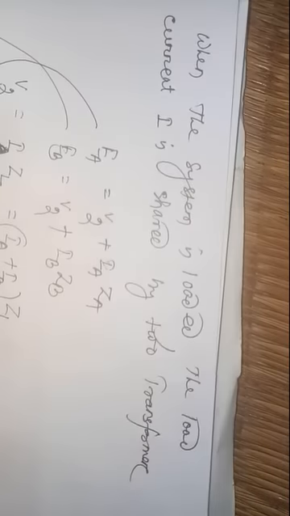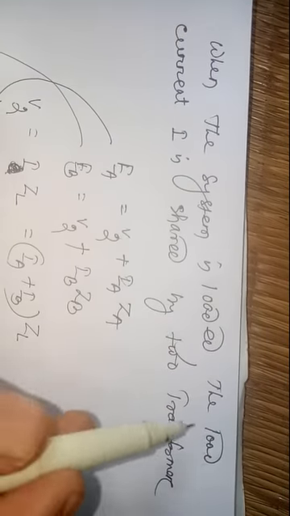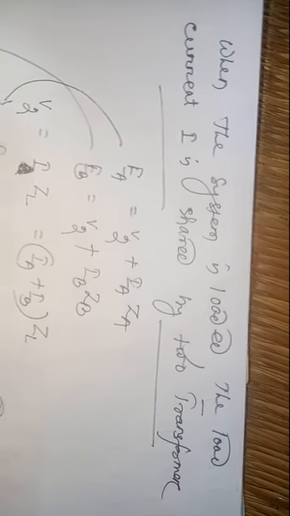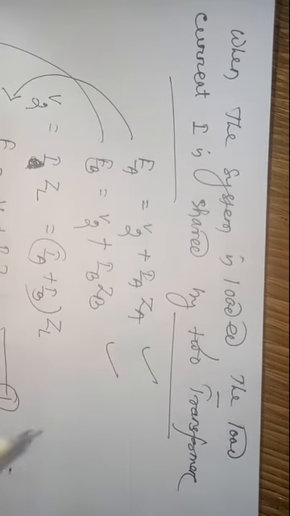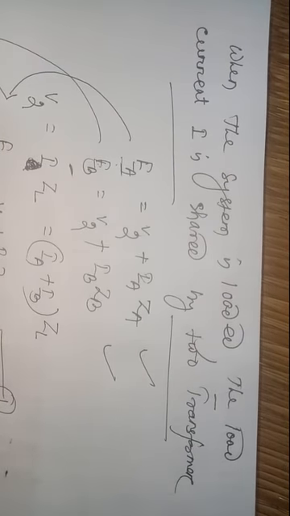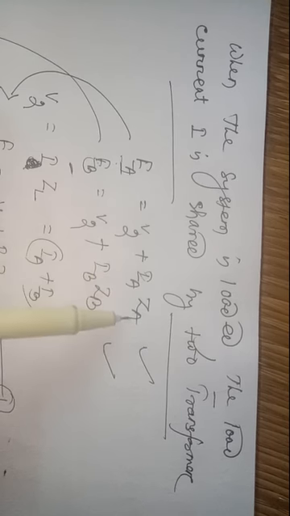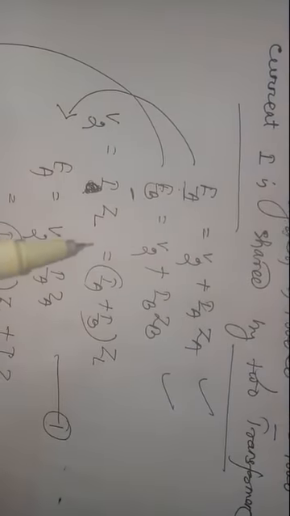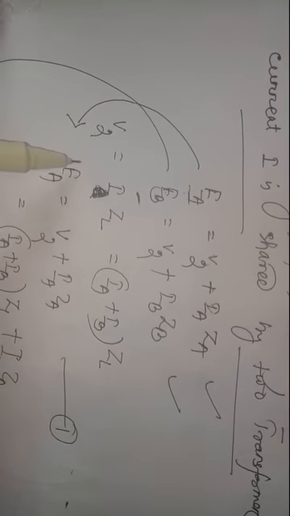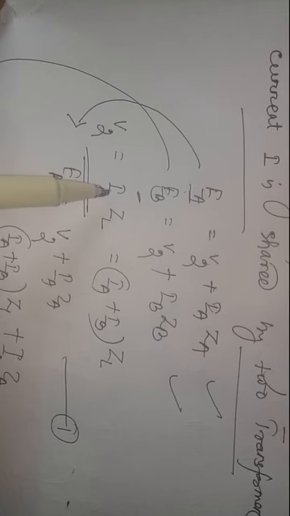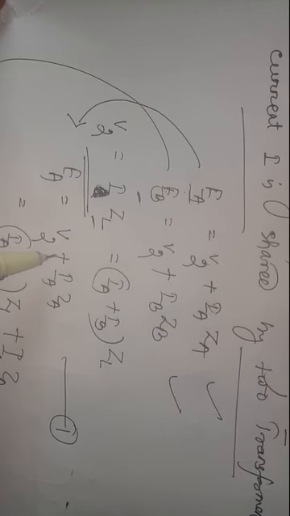When the transformer is loaded, the load current I will be shared by the two transformers. As mentioned, the voltage equations are EA equals V2 plus IA ZA, and EB equals V2 plus IB ZB. The load voltage V2 is simply the product of current and load impedance ZL.